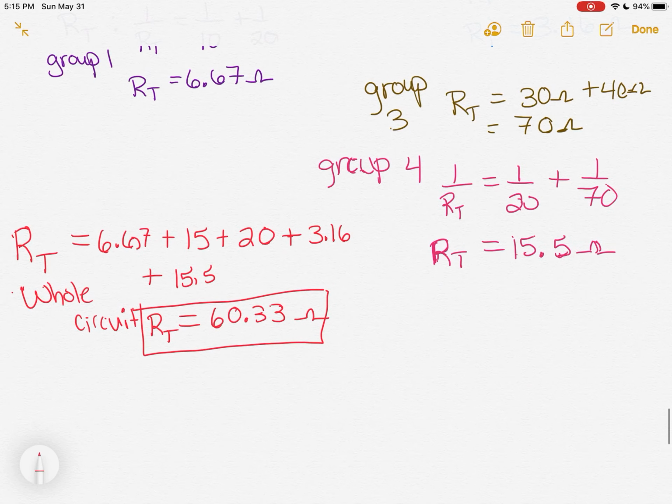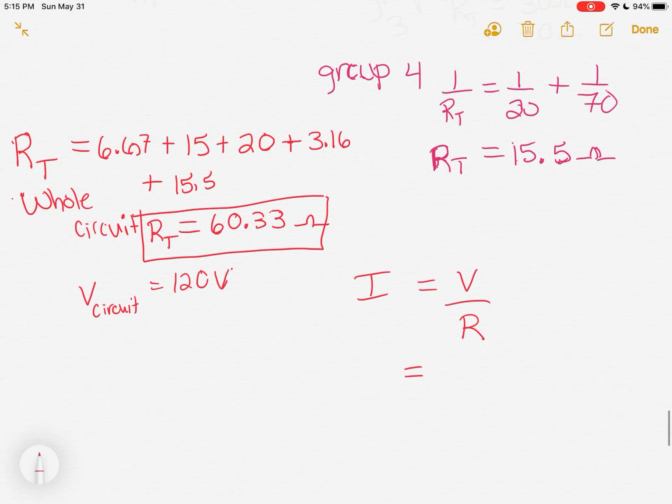Now, we also know that we have an overall voltage of 120 volts. And so we are going to calculate the current. And so we know that current is voltage over resistance. So the current for this circuit is going to be 120 volts divided by our 60.33 ohms.